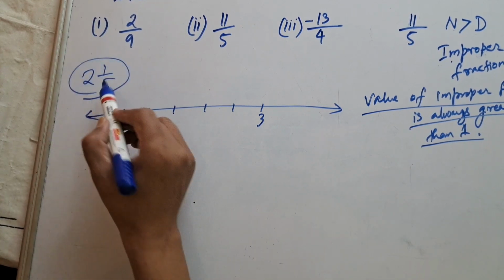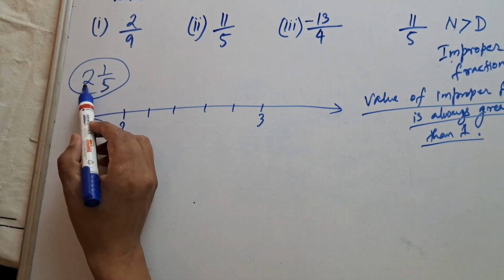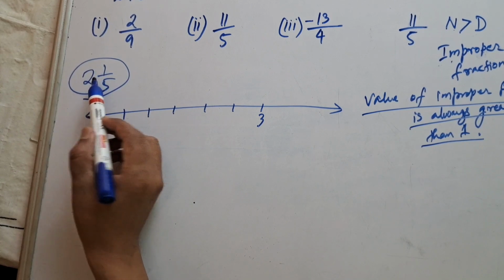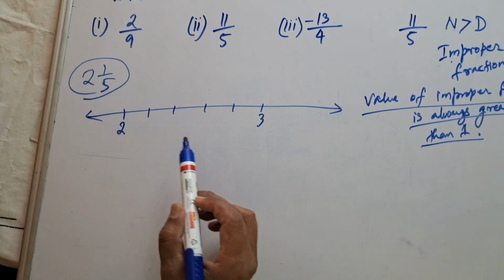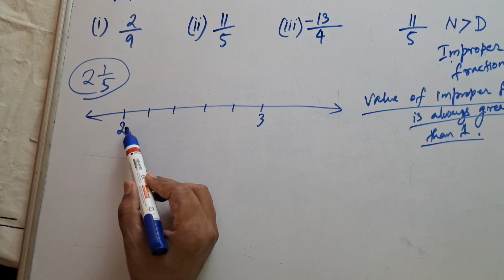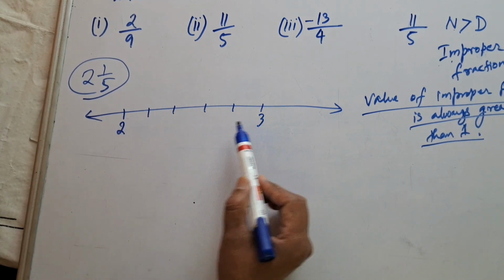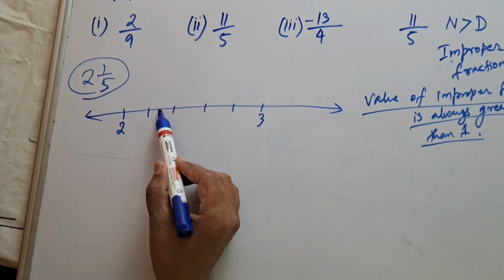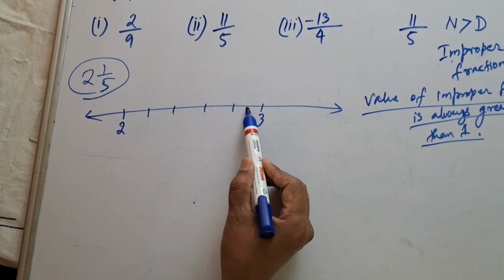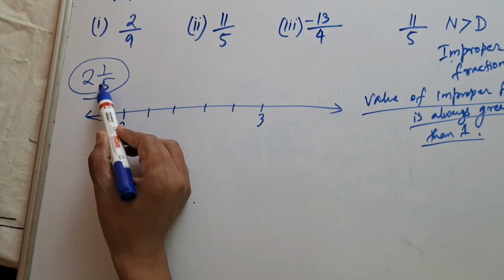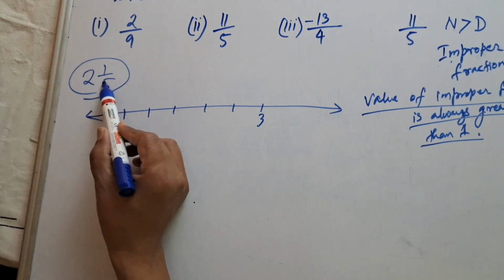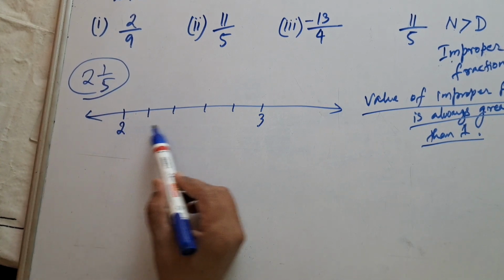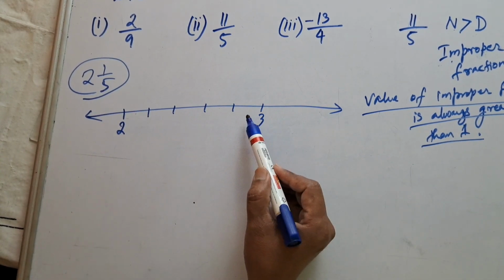This value lies in between 2 and 3 because this number is greater than 2 and less than 3. Now we divided 2 and 3 into 5 equal parts, because we have 5 in the denominator.